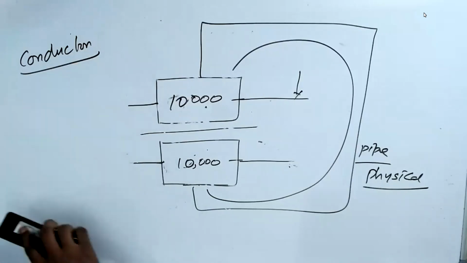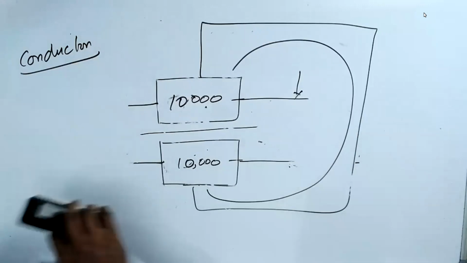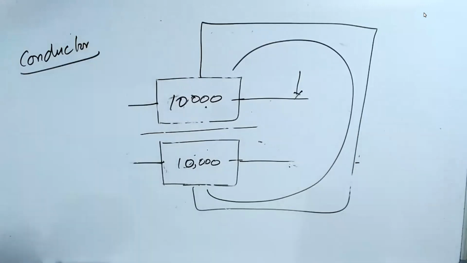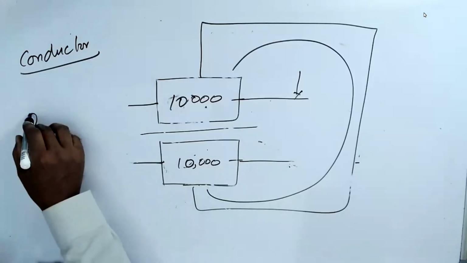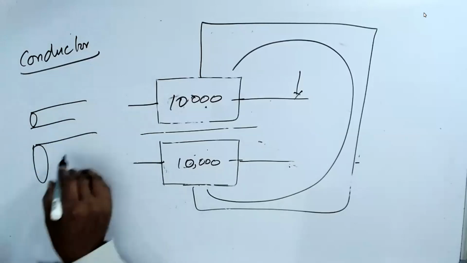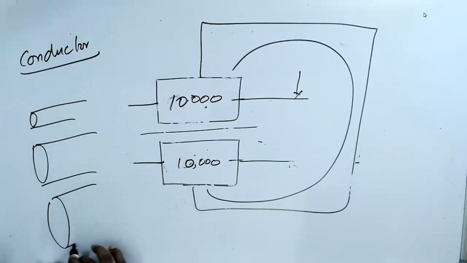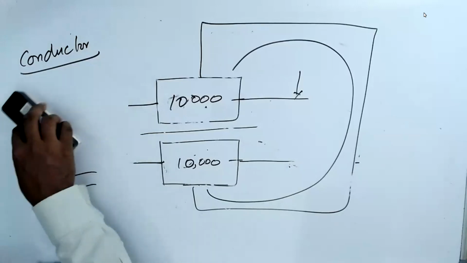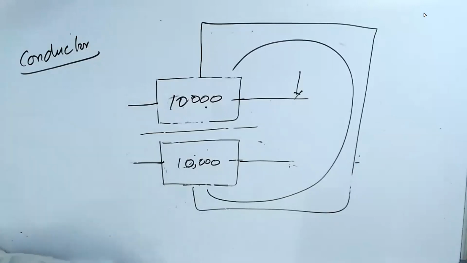Now, how the electron flows through the pipe itself depends on the size: this size, or this size, or this size. The pipe manufacturer will tell you how many electrons can flow through the pipe at a time.